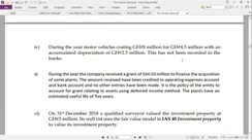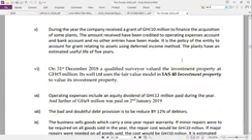Now let's go to note 7. I just need the first sentence, where the first full stop is. It says operating expenses include an equity dividend of 12 million paid during the year.